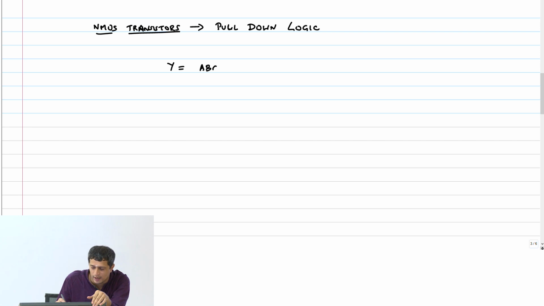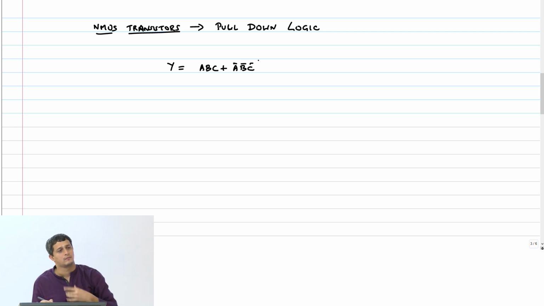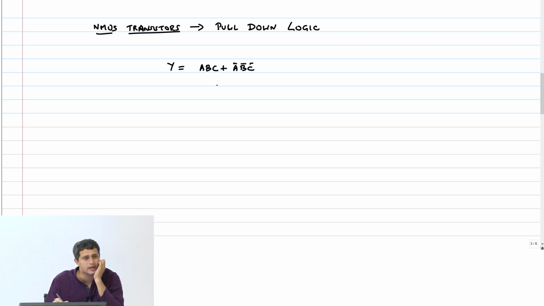So let's go back now and look at this sum of product term that we had. Let's say ABC plus A bar, B bar, C bar. So what does this thing mean? It means that when any of the minterms become 1, right, then the output is going to go high. And all the switches in each of the minterms is an active high switch, right?